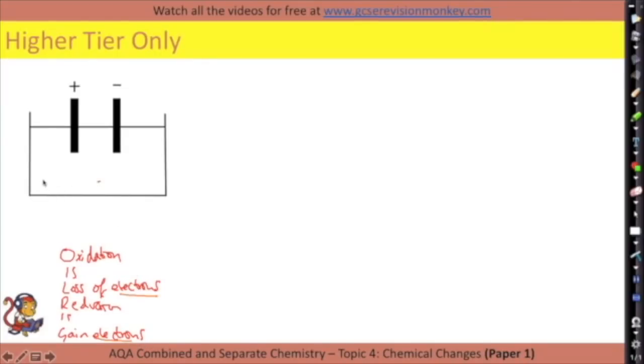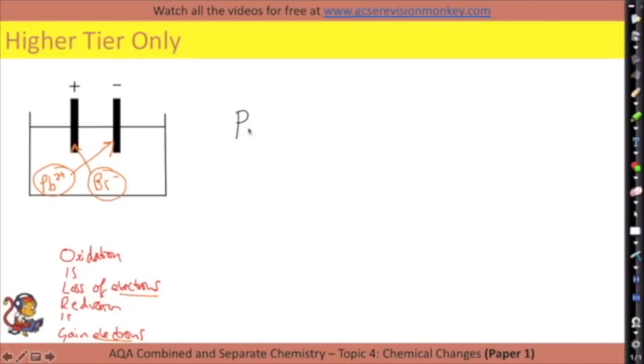So let's look at lead bromide again, where we got Pb2+ and Br- in solution. We said that lead would go to the negative electrode and bromine would be produced at the positive electrode. So you need to be able to write half equations for these, which basically just shows what's happening in terms of electrons.